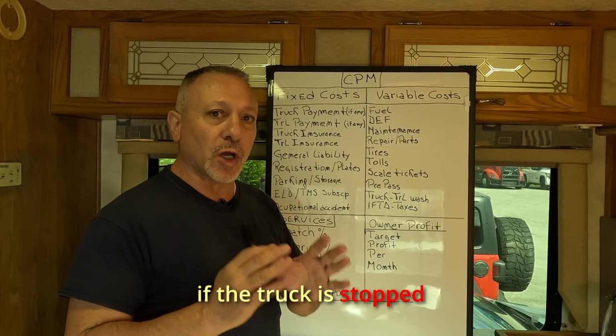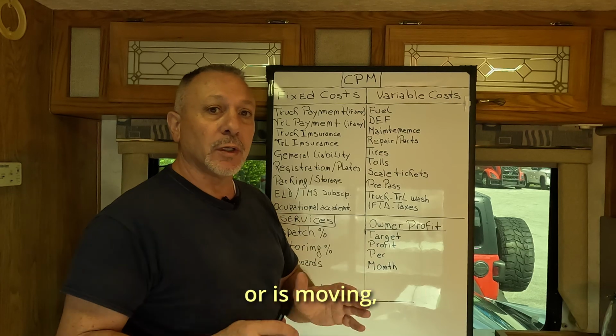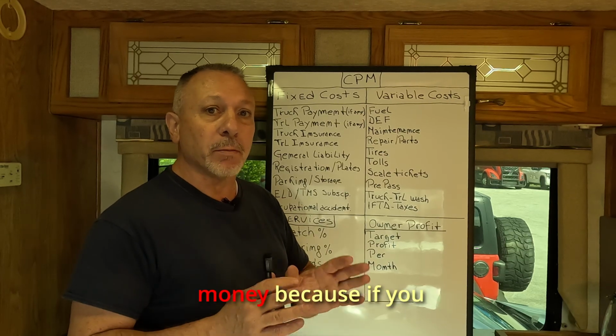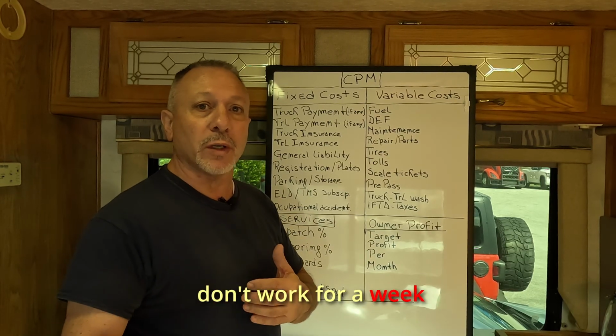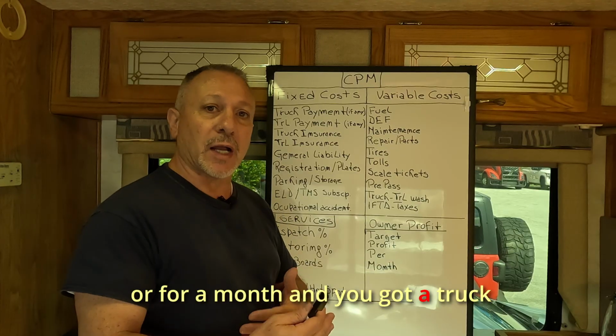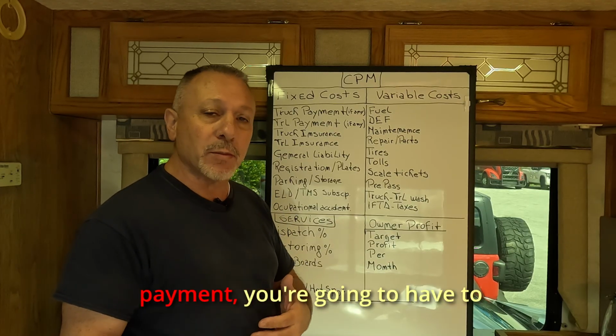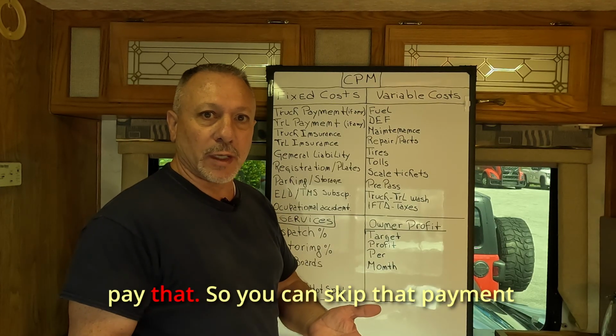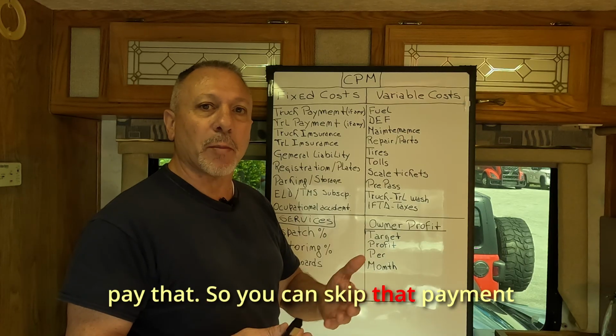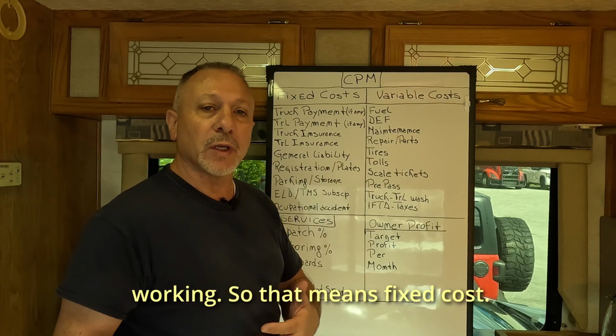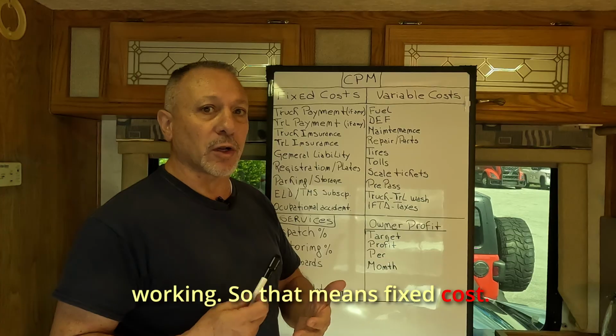If the truck is stopped or is moving, either way, the truck spends money, because if you don't work for a week or for a month and you've got a truck payment or trailer payment, you're going to have to pay that. You can't skip that payment because you are not working. So that means fixed cost.